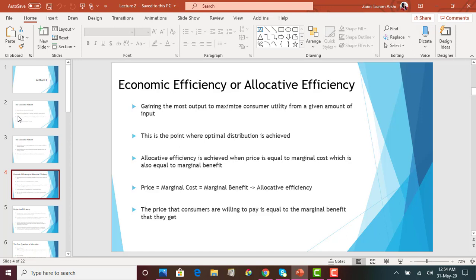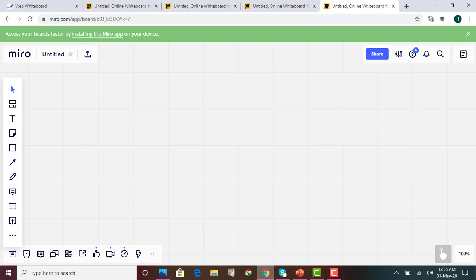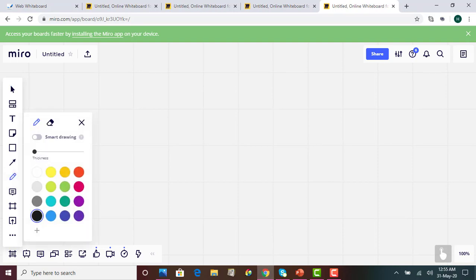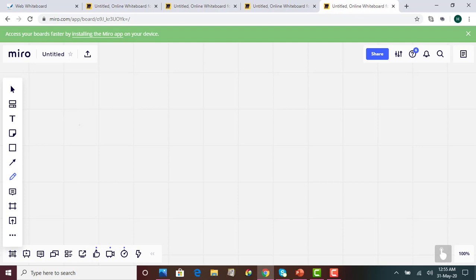Second, from the producer side, the cost will be minimized. Third, the output will be maximized. With the limited amount of resources, the output will be maximized. So I just want to point out there are three conditions for allocative efficiency.